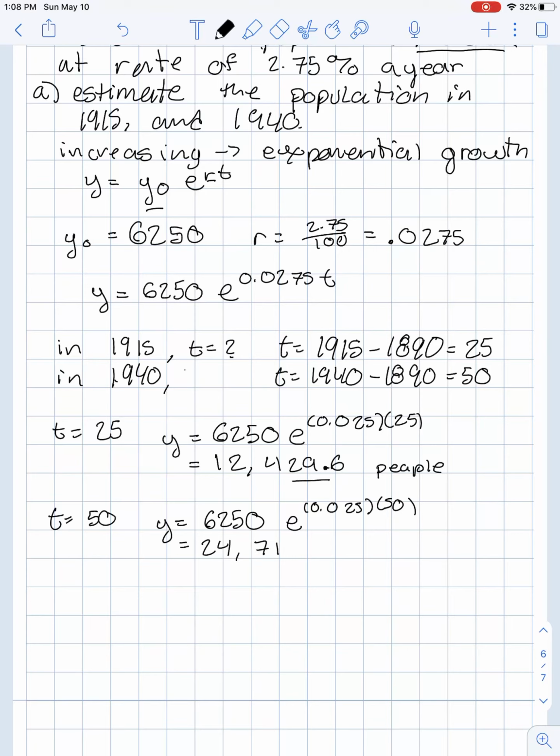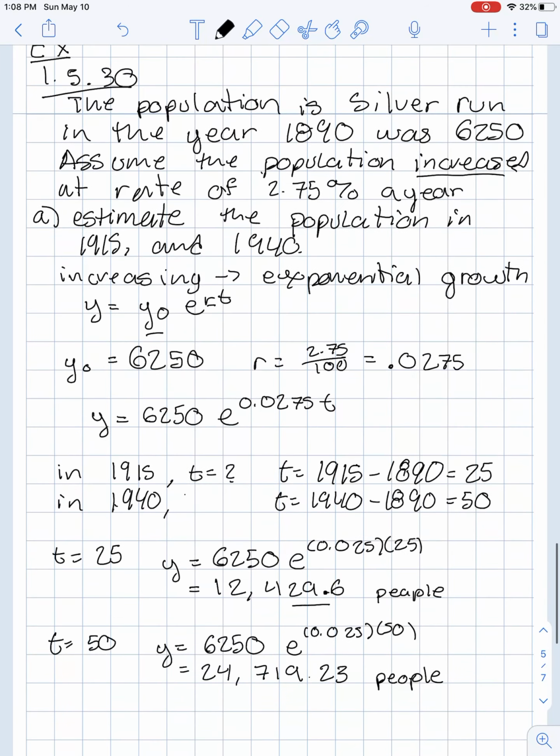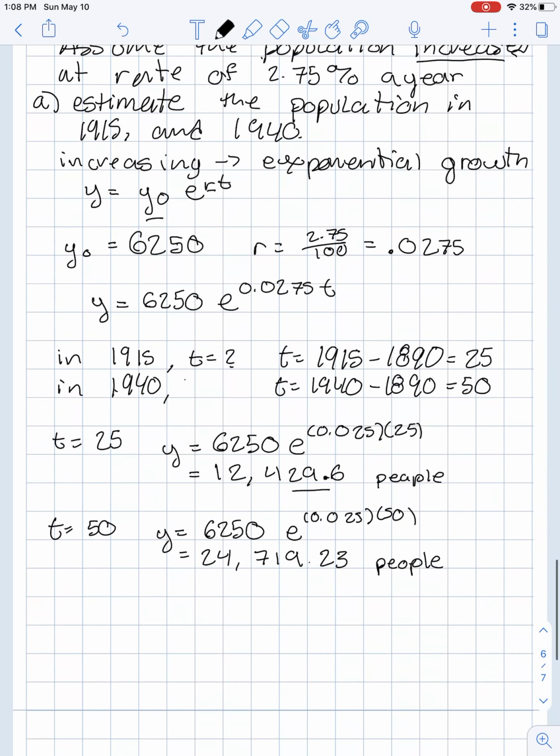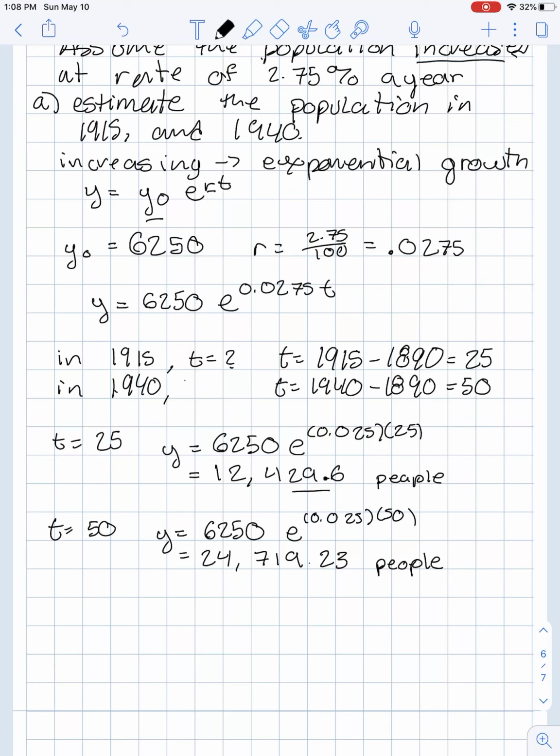And I'm going to get 24,719.23 people. It's really good to put the units when you are in a real life example, right? They're telling me it's population, so my units is people. Alrighty.